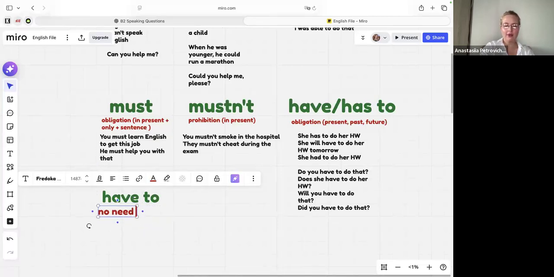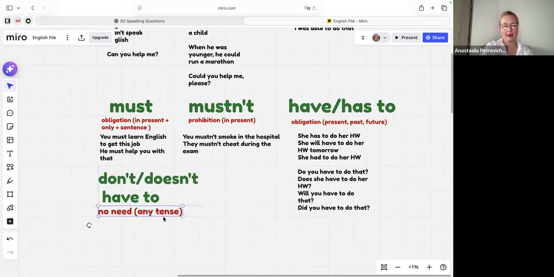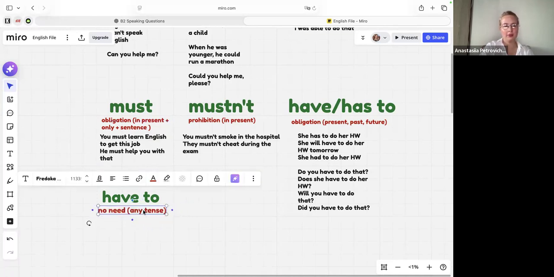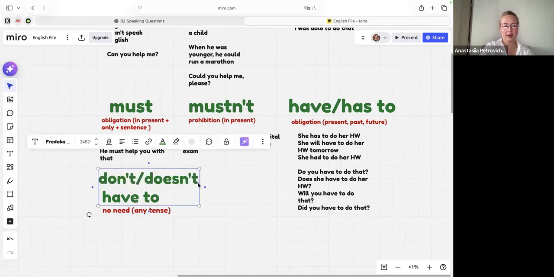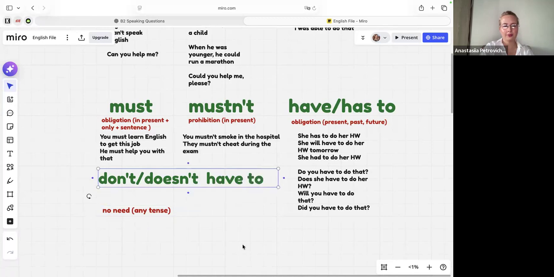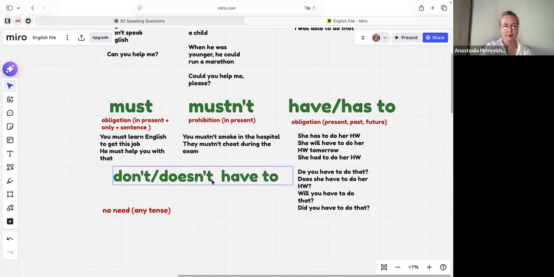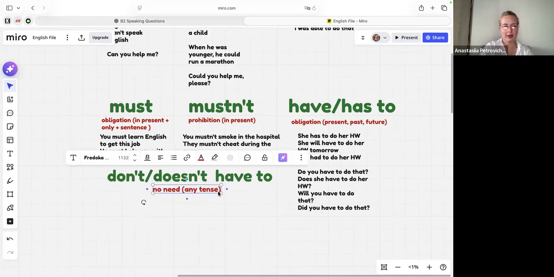And again, you can use it in any tense. Yeah, just like here. Present, past, and future. So, any tense. For example, let's make it beautiful. It's gonna look nicer here in this location, I feel like.